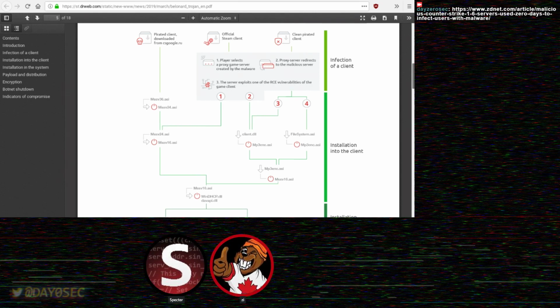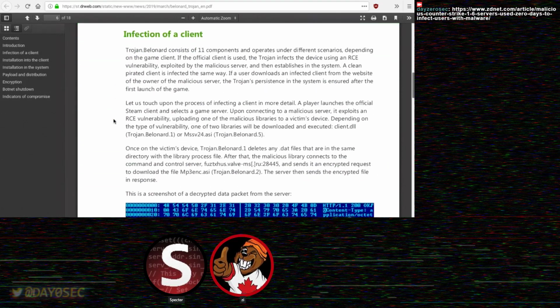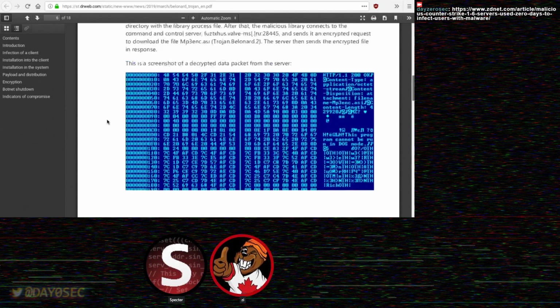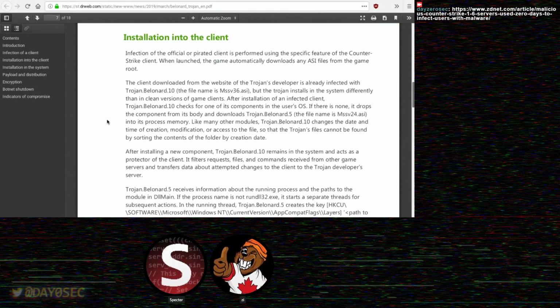So the way the actual exploit worked is basically the infected user would start up a game server, and that would be listed as a proper CS 1.6 game. But when somebody connected to that, it would proxy the request to this malicious server. The malicious server would serve the RCE, infect them, and away you go.